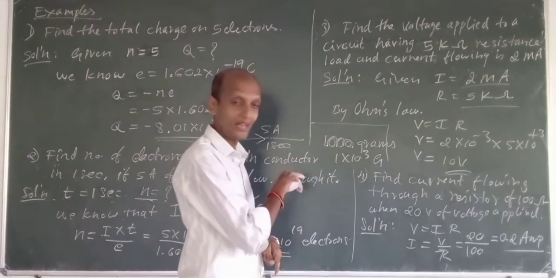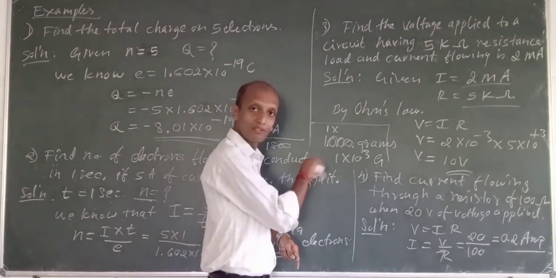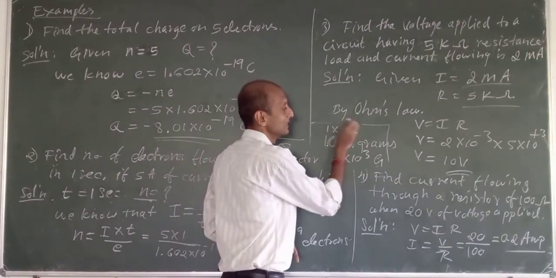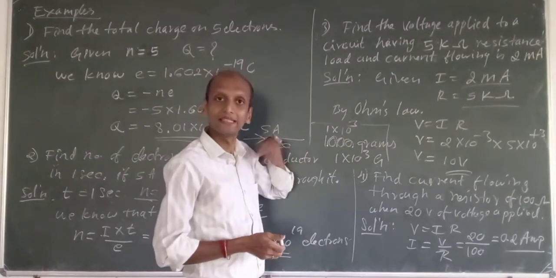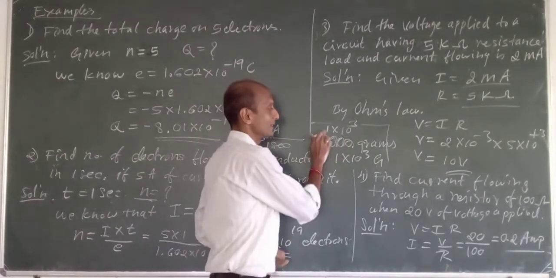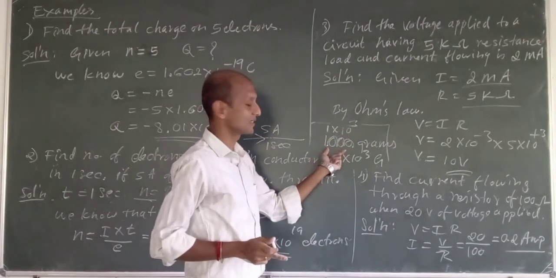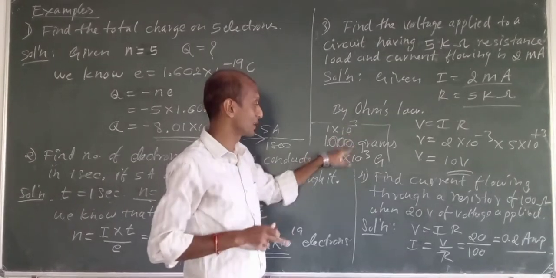That is why the multiplier is 1 into 10 power plus 3. So 10 power plus 3 is denoted as kilo.